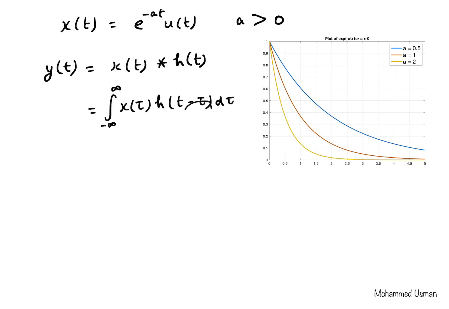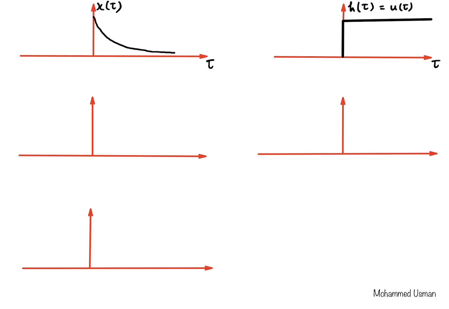Next, in this integral, we want h of minus tau, because this tau is minus here, so that means it's a time reversed version of h of tau. So we'll have tau and h of minus tau.